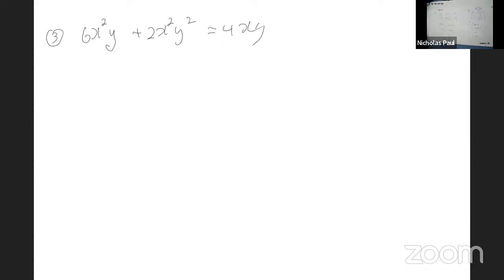So it's 3 sets of product rule, right? So we're starting with 6x squared y. I wrote it wrong already. So that'll be 12xy plus 6x squared dy/dx. That's the first part, right? Then we have 2x squared y squared. It doesn't matter, commutative.